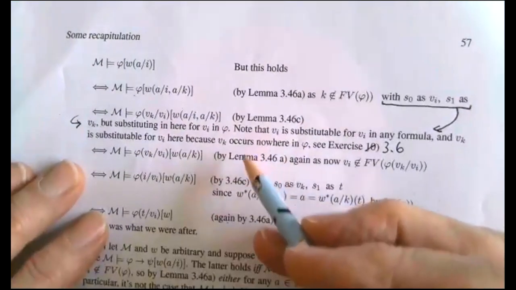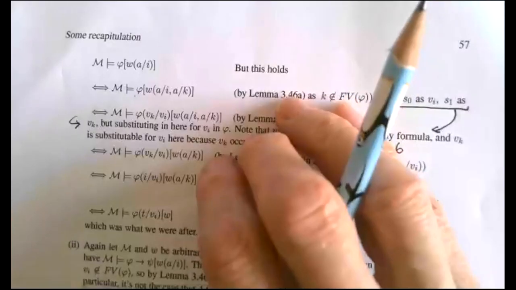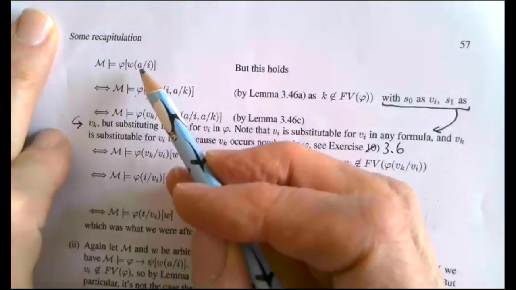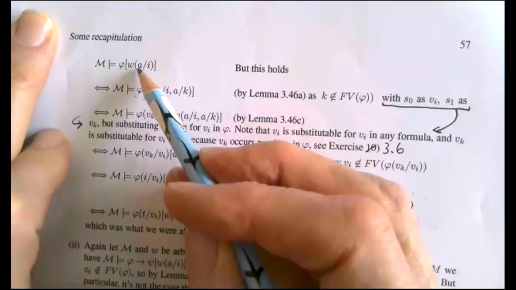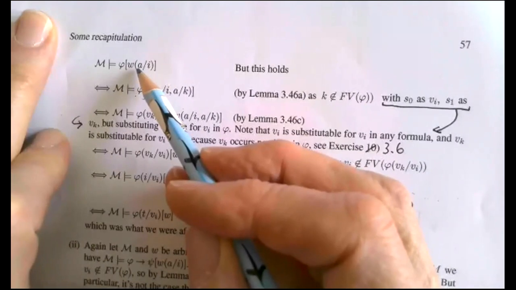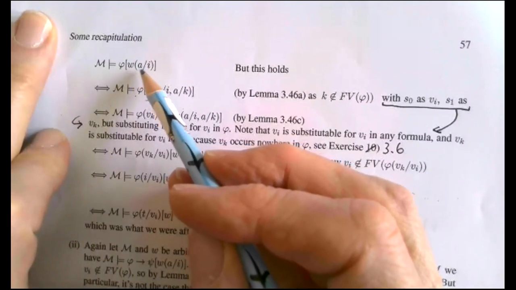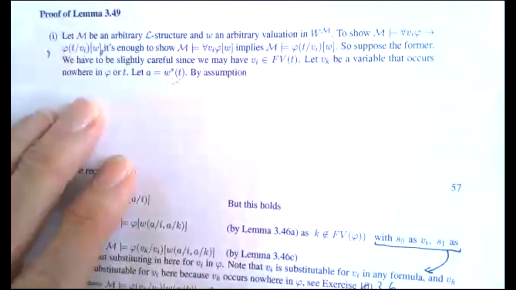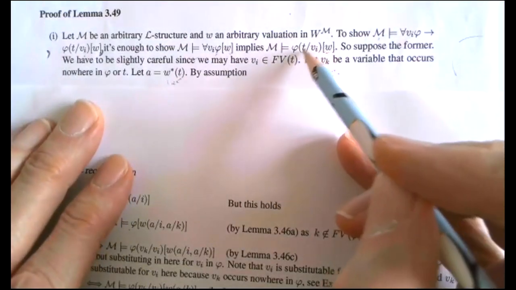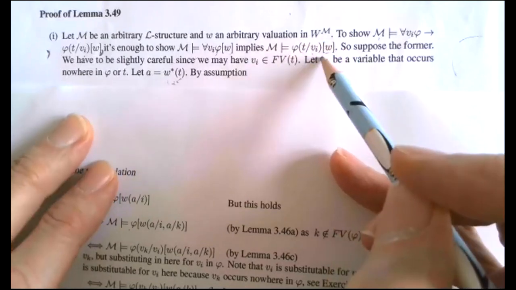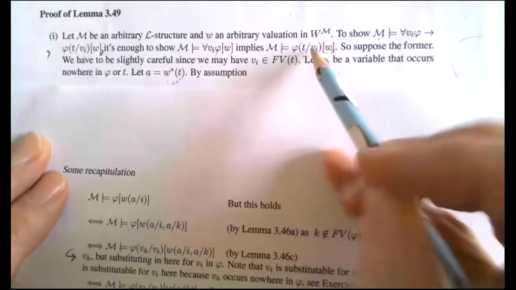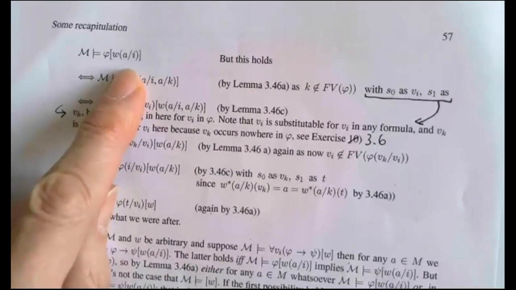So what have we done? We are going to think now the assignment function is going to substitute in what the term is going to be evaluated at anyway, right? A, at the ith place. So this would be the equivalent of substituting in the term for Vi and then evaluating the whole thing. Or we evaluate the term first using W, we get A and we substitute that in for Vi, which is what's happened here.